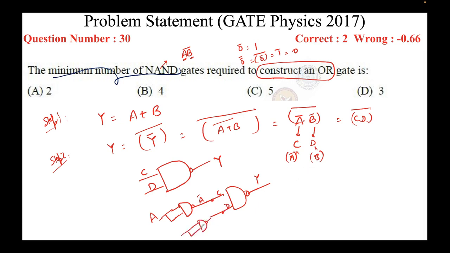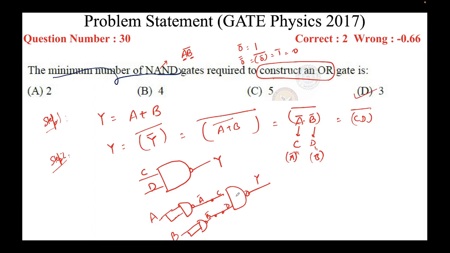How? Just give the same value to both the inputs. So this will be b bar. This is how we create a NOT gate. We created an OR gate just using NAND gates 1, 2 and 3. So 3 NAND gates we required. So the answer is 3.